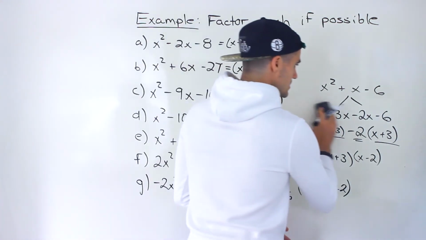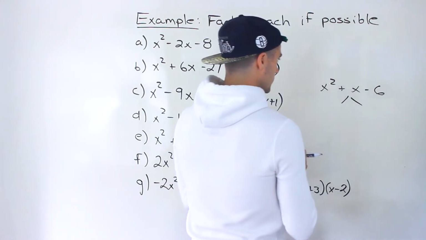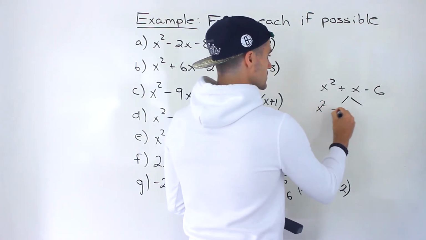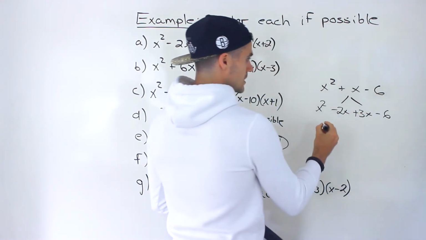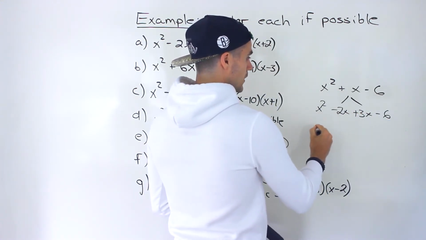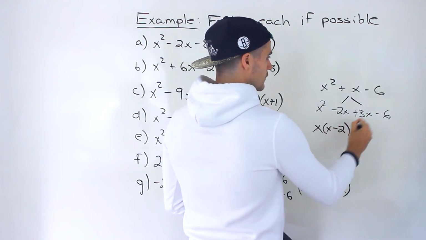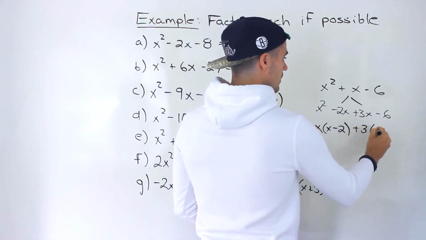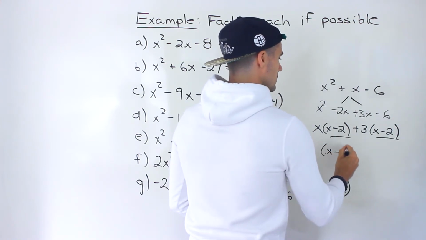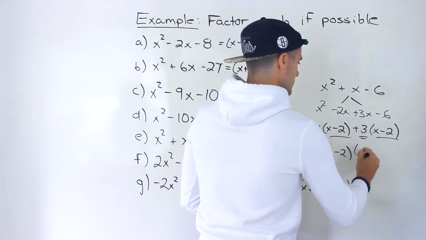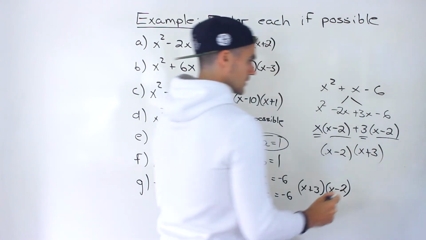Now let's try this if we switched up the order for that decomposition. Let's say we did -2x plus 3x. Same thing, we would factor by grouping. From here we could now take out a 3, and then we could take out an x minus 2, and we're left with an x plus 3, right?